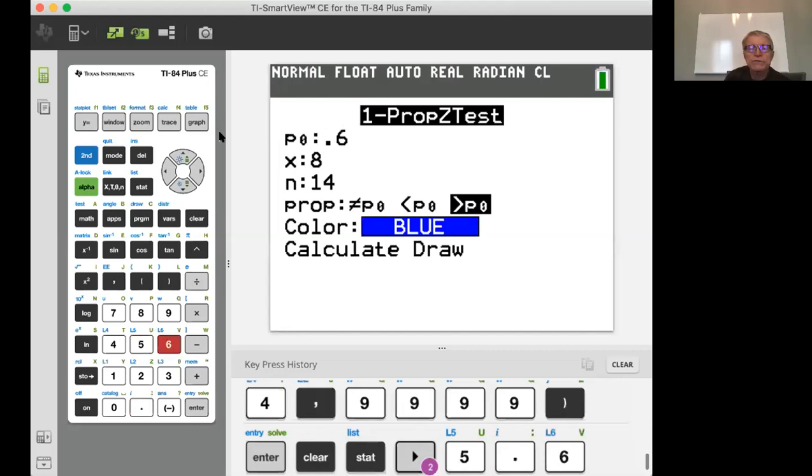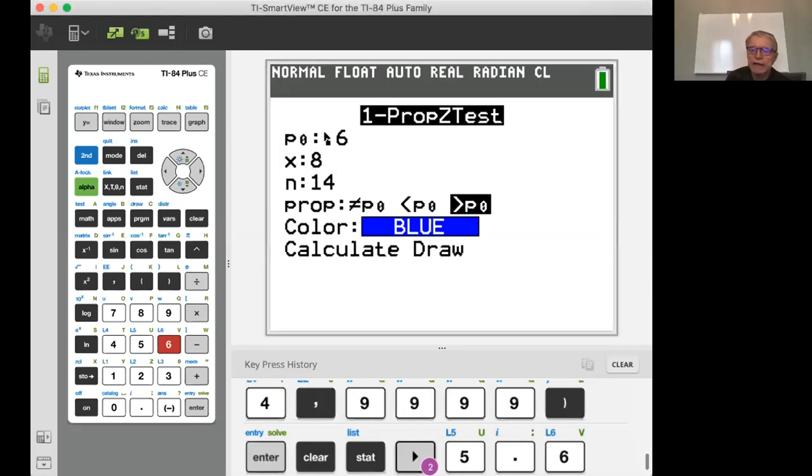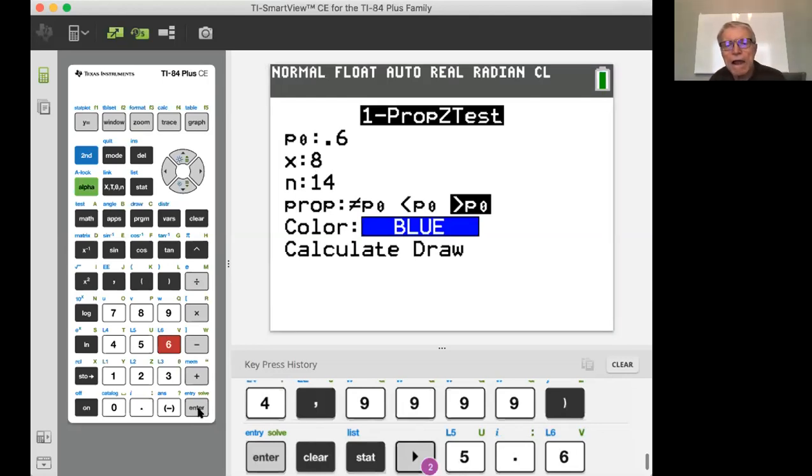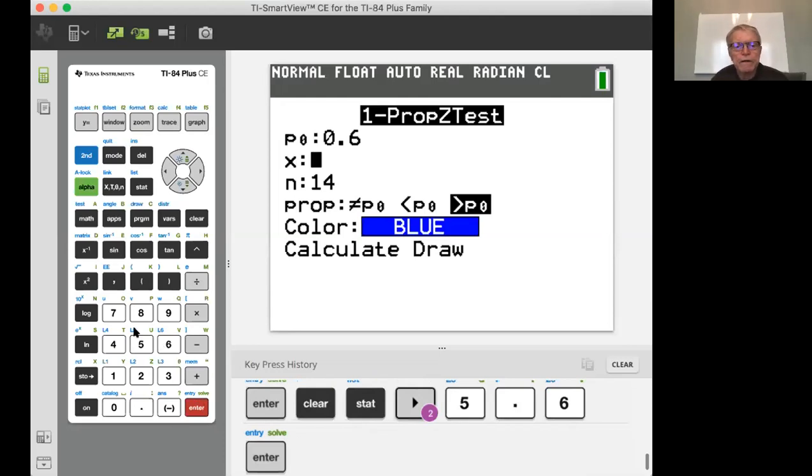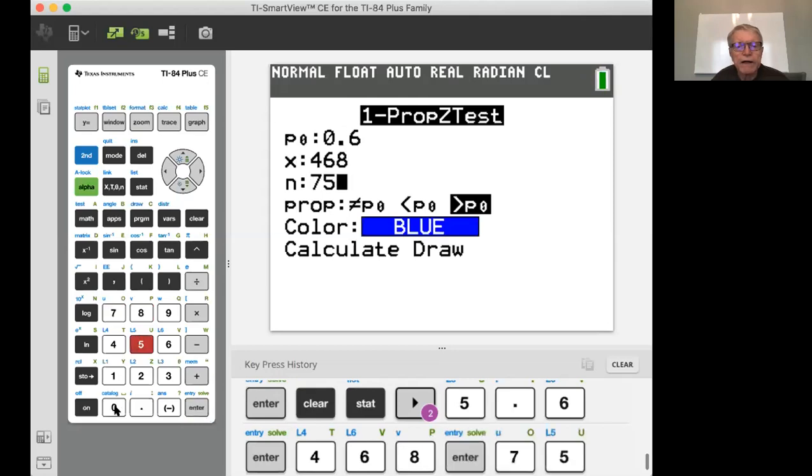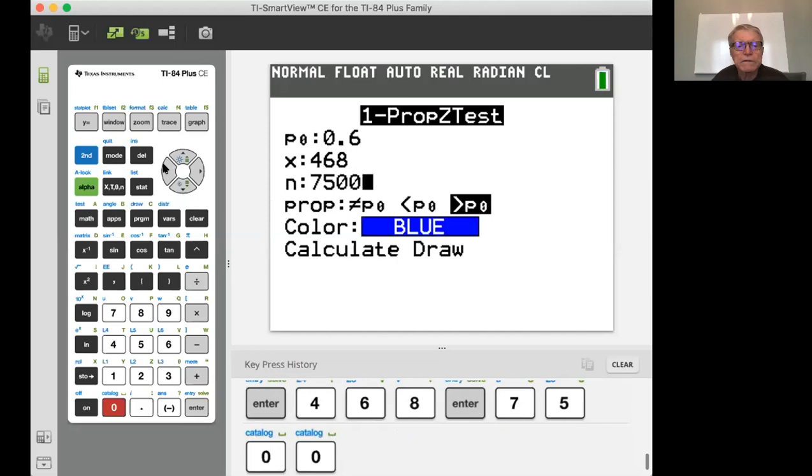And x was, I think, 468. But let's double check. Yeah, 468 and 750. So 468, and 750 is the number of trials. Oops, let's go back and delete that extra 0.